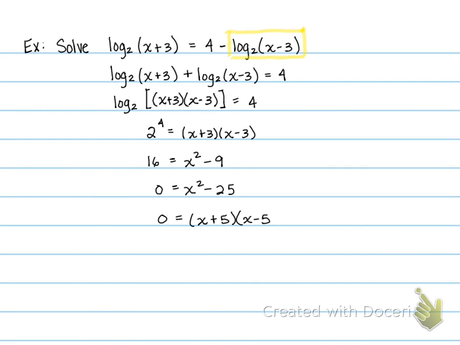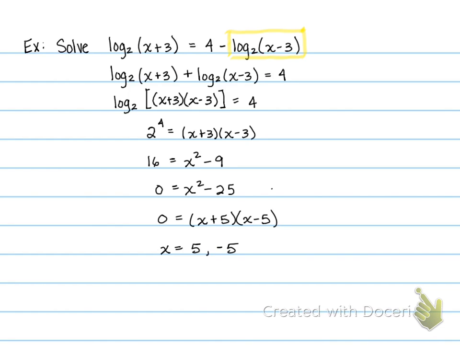I usually recommend that you solve by factoring if you can, only because the route where we take the square root of both sides, a lot of people forget the plus or minus, especially on tests. It's easy to forget little things like that. Whereas if you factor, you get both the positive and the negative 5 just by setting both equal to 0. So we get x equals 5 and negative 5.